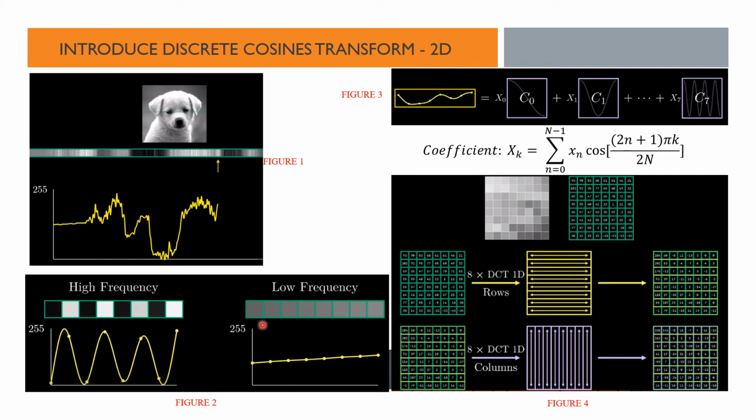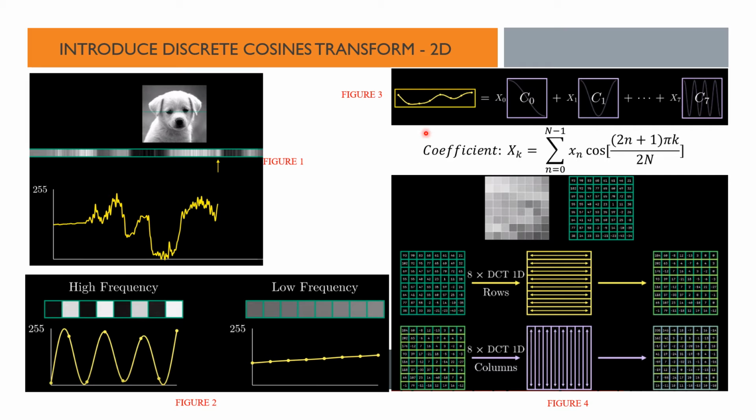In the other case, if we have two pixels next to each other and the color changes just a little, without much difference, it means the value changes just a little from pixel 1 to pixel 2 to pixel 3. We have a low frequency here. So up to this point, we can convert a digital image to pixels and to a discrete random signal.